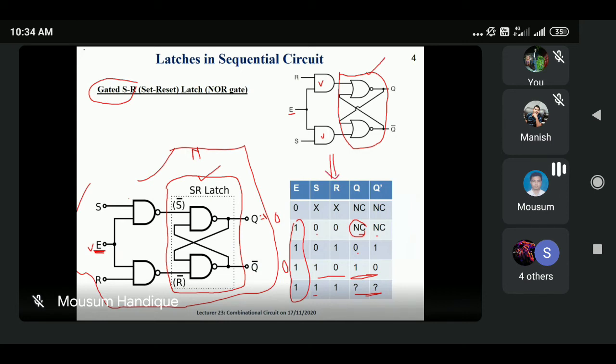Here also when S equal to 1 and R equal to 1, Q is 0 and Q bar is also 0. That is not true. Okay. And this one is called a sequential latch. Gated SR latch with the help of NOR gate or NAND gate.